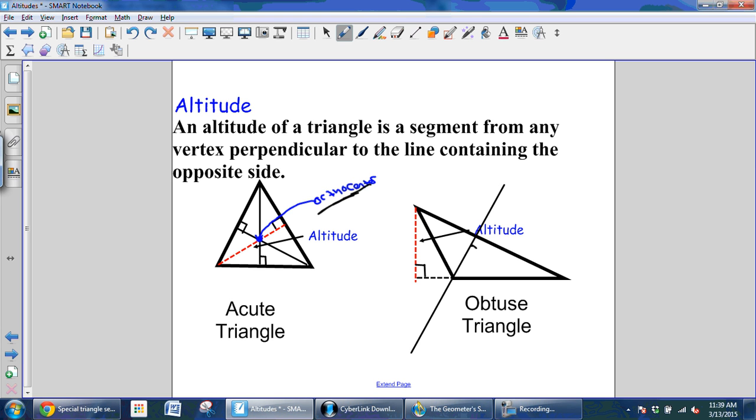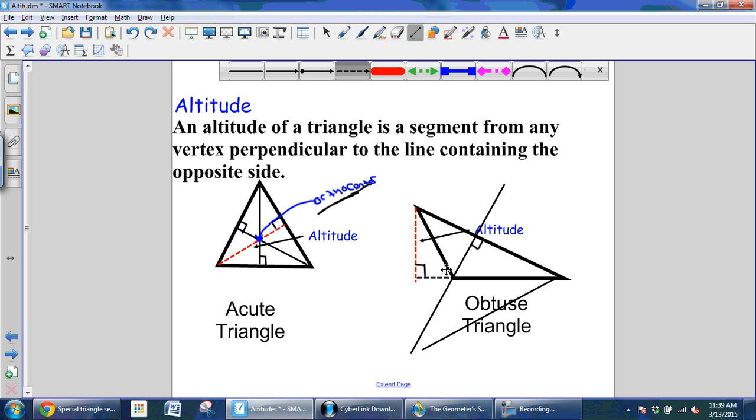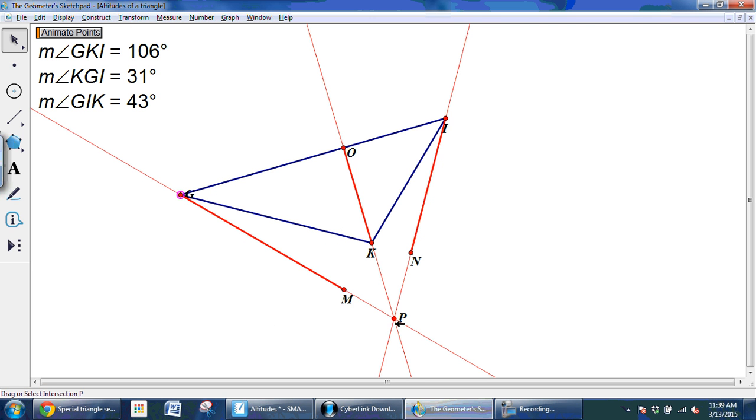Okay, we'll say that's perpendicular. And then this altitude here will be outside of the triangle, because you gotta see this line here, you gotta extend it so that it'll be perpendicular here. So yes, you're gonna have two of the altitudes outside of the triangle, and that's why your orthocenter will be outside.